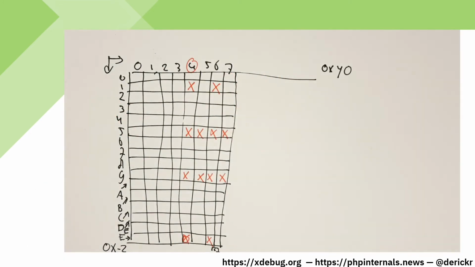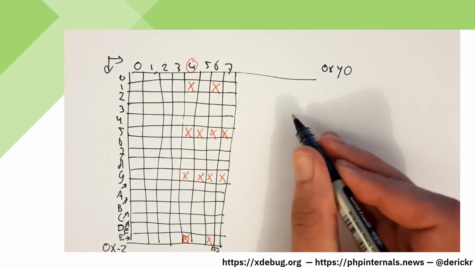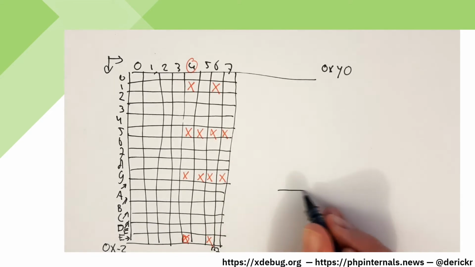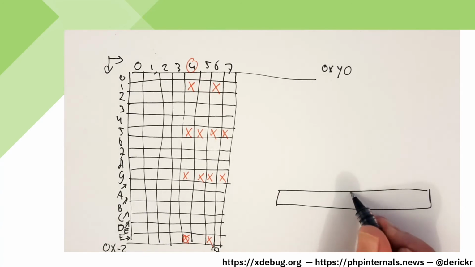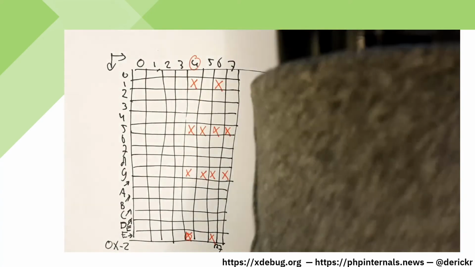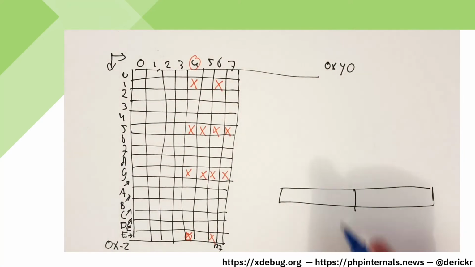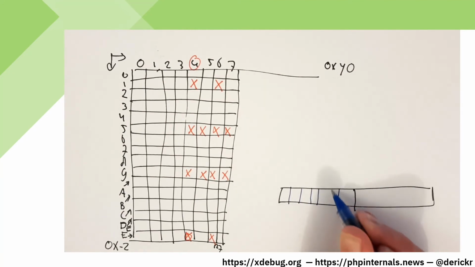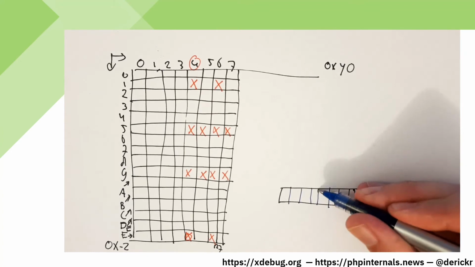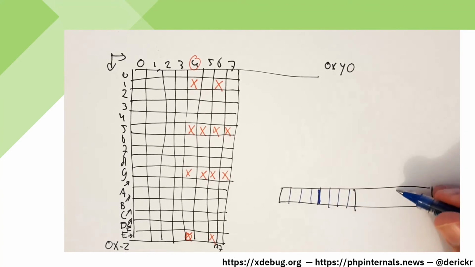If we go back to our diagram, say we have a set of 16 elements. We have 16 positions in 2 bytes. So we have our 2 bytes here, and each of them is 8 bits long. I'll make the one in the middle a bit thicker so you can see what's going on there.